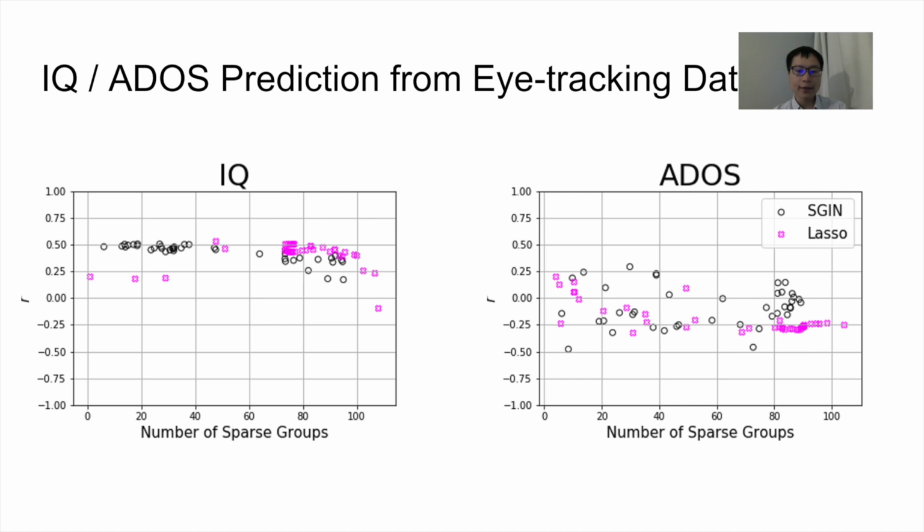The prediction for ADOS fails completely for all our machine learning methods, and the correlations are extremely low between the ground truth and our prediction. These results might be caused by the small sample size. We only have 30 participants with ADOS scores, which is not enough to train a neural network.